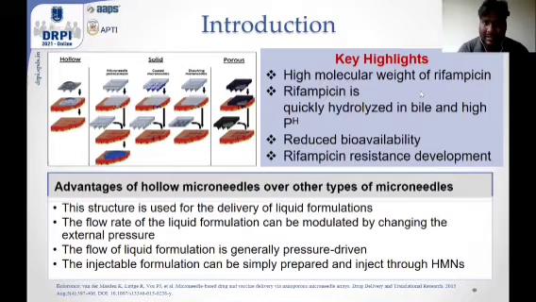So the oral formulation of rifampicin gets hydrolyzed in the oral system, and due to the degradation of rifampicin in the oral system, it shows reduced bioavailability, and due to the incompetence of the patient with the multiple oral doses required for rifampicin delivery, rifampicin resistance develops. So to overcome these hurdles, hollow microneedles can be used.